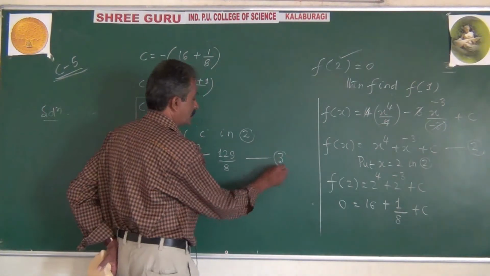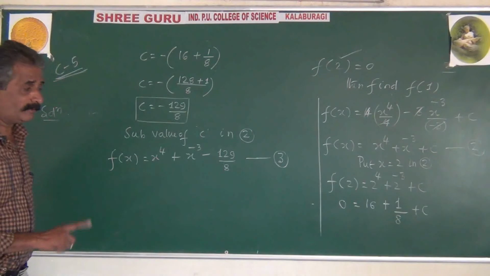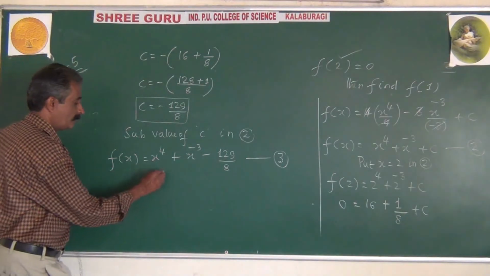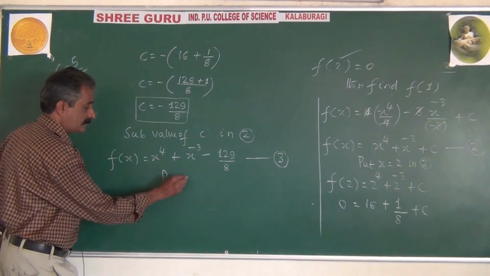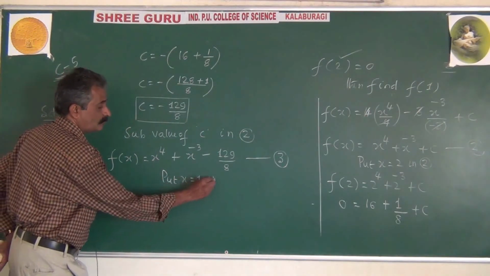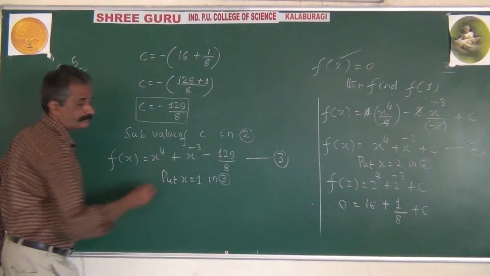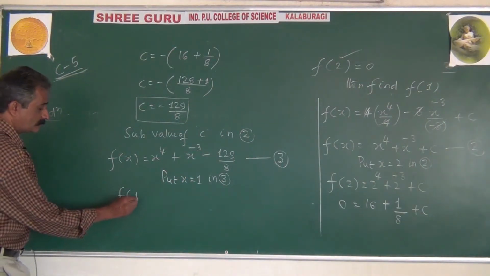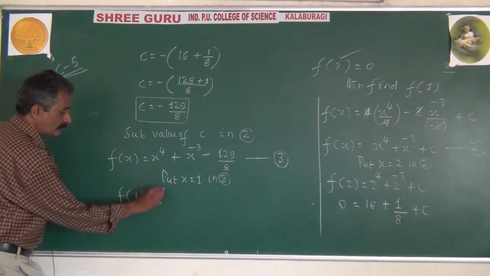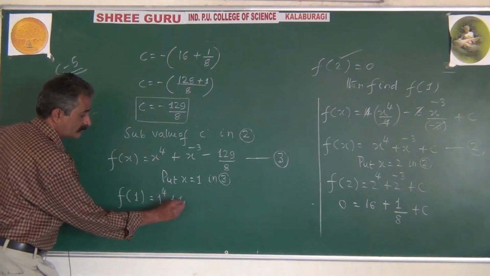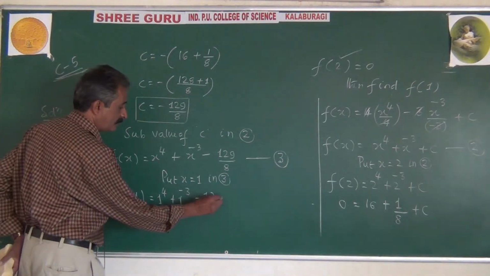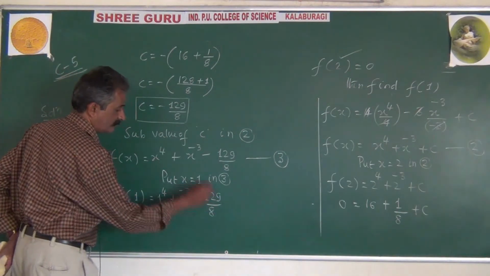But further we are asked to find f of 1. Put here x equal to 1. Put x equal to 1 in equation 2 to get f of 1. So f of 1 equals to 1 power 4 plus 1 power minus 3 minus 129 divided by 8.